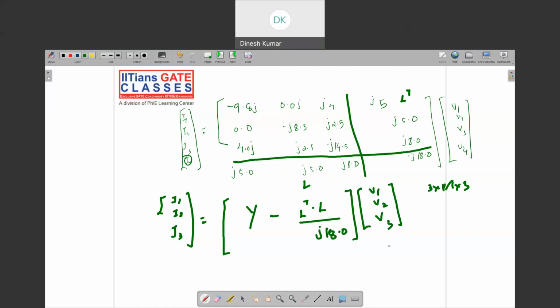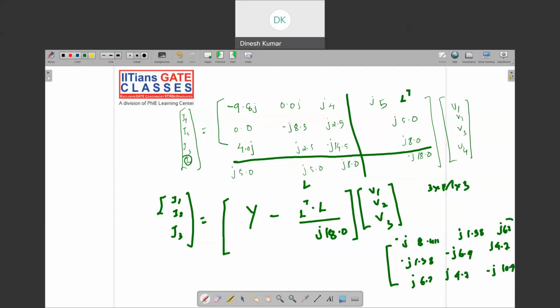The new matrix will be something like this. You can just do it and check. Minus 8.411, J 1.38, J 6.2, J. This will be symmetric. Okay. J 1.38, J 6.2, minus J 6.9, J 4.7, then minus J 10.9 and J 4.